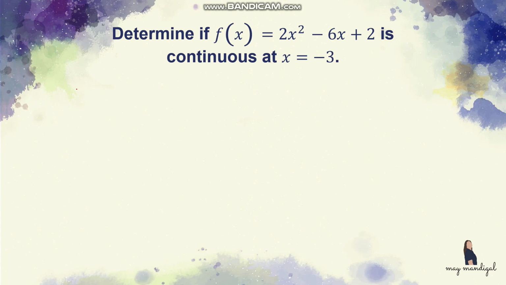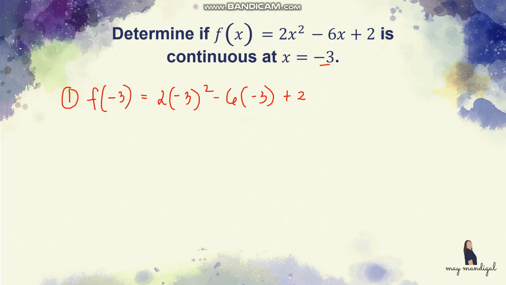All we have to do here is to first solve for f of c. Since c is equal to negative 3, we have f of negative 3. Let's just substitute. That is 2 times negative 3 squared minus 6 times negative 3 plus 2. Let's simplify this. We have 2 times 9, that's 18, plus this one will be 18 as well, plus 2. So we have 38 as our answer. So 38 now is the value of f of negative 3.